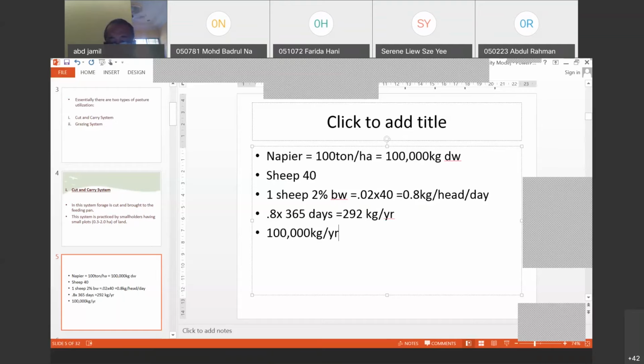So you divide this by 292. So what's the answer? 100,000 divided by 292.